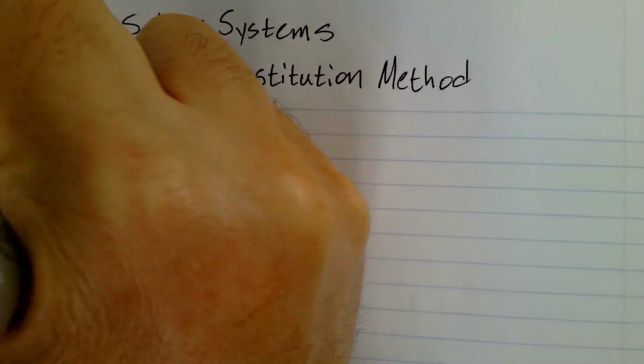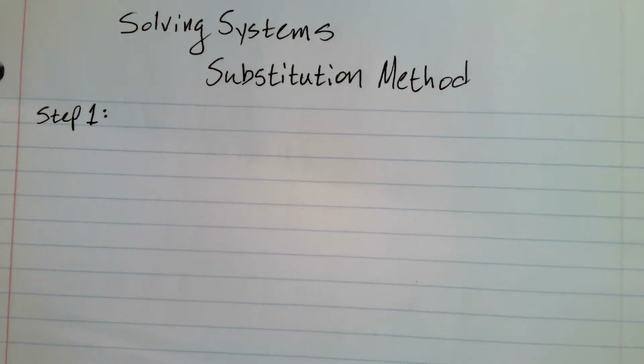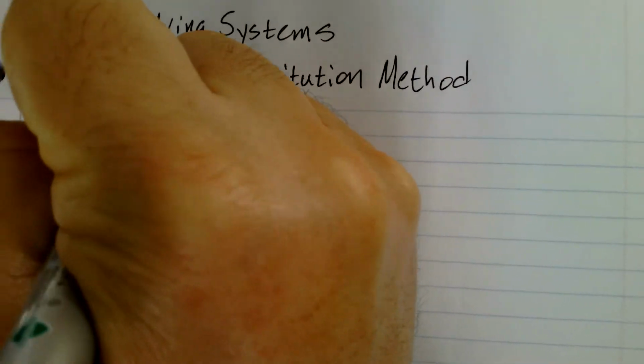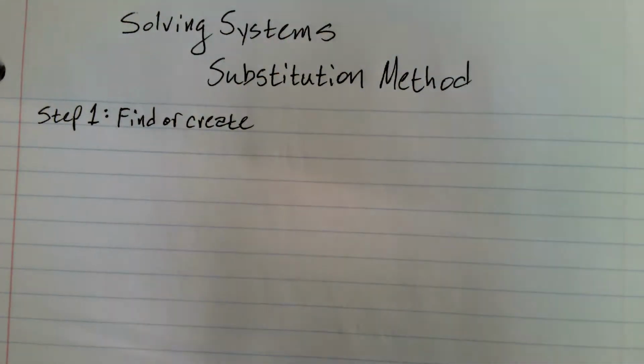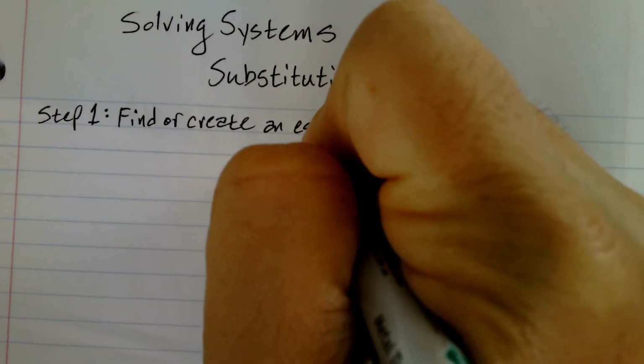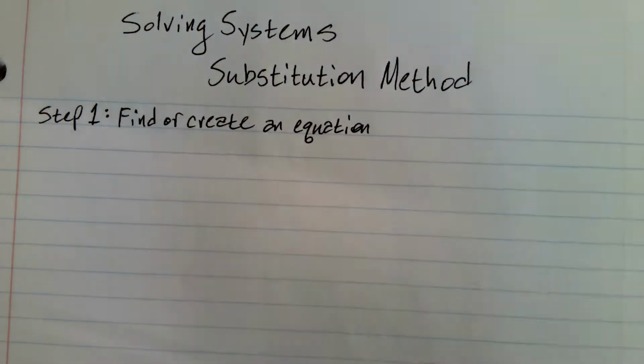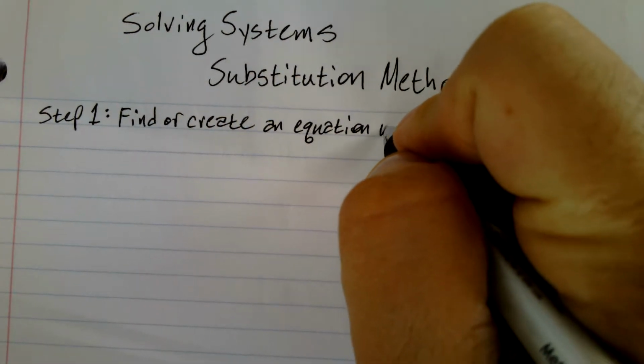Write down step number one, please. Step number one is to find or create an equation with a variable by itself. We won't need to create, thank goodness, an equation with a variable by itself.